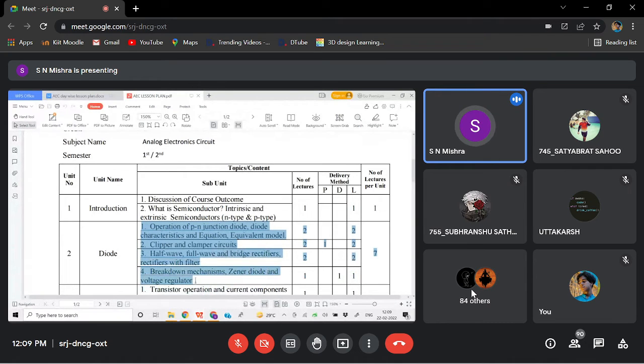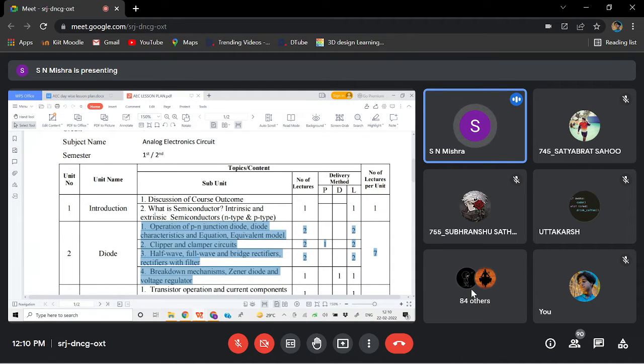But to understand this first module, we require a basic idea about the semiconductor and its different properties: how the semiconductor forms, what is extrinsic semiconductor, what is intrinsic semiconductor, and in extrinsic, what are the different types like N-type and P-type, why it is called N-type, why it is called P-type, which carriers are more in N-type, which carriers are more in P-type, then how the current will flow inside the semiconductor, what type of biasing or voltage we should apply.